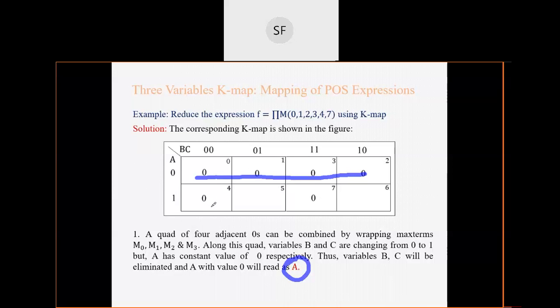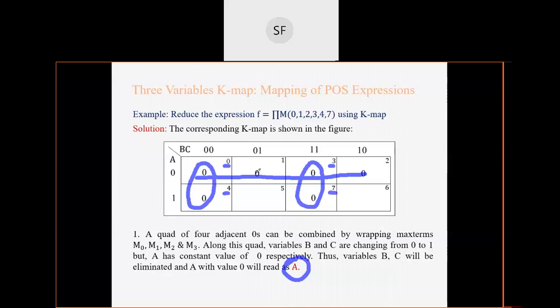Okay, so again for maxterm 4, cell 0 is nothing but adjacent cell. Similarly for 7, 3 is adjacent cell. So now you have to make pair of these two cells and these two cells. Okay, so now since you are making pair, one variable will be eliminated in both the terms.